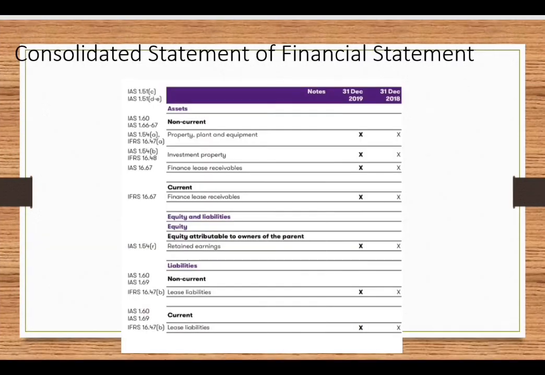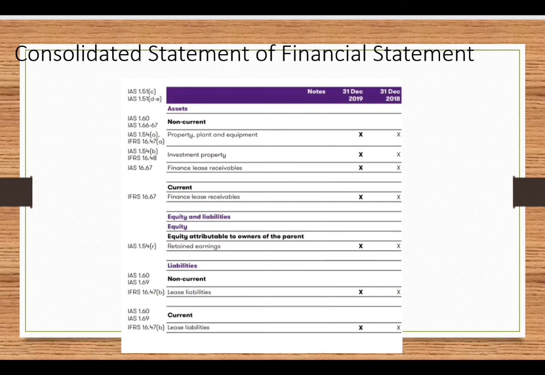Okay, and so moving on to our next slide, this is a consolidated statement of financial position, which as you can see here, on the left side, there is IFRS and so on. This is the details of the elements in this statement. So as you can see, there is investment property and finance lease receivable under non-current assets, and finance lease receivable under current assets.